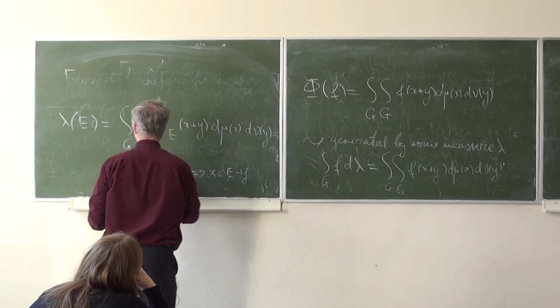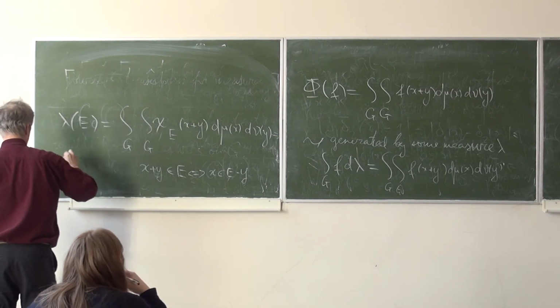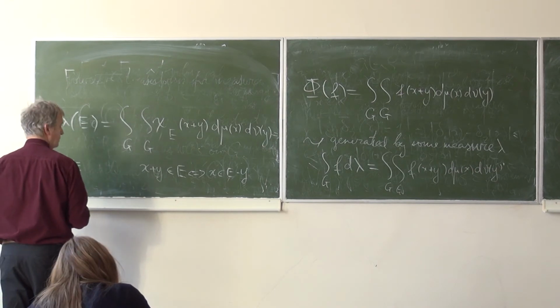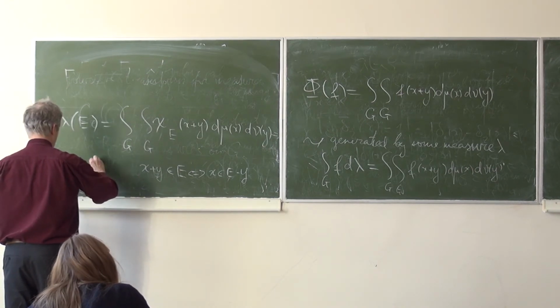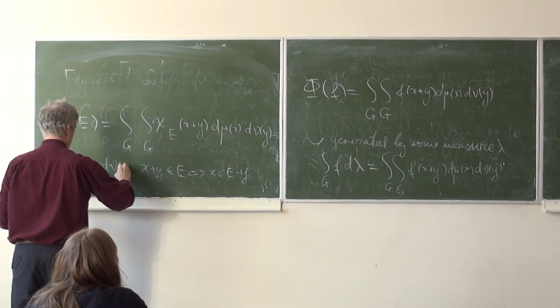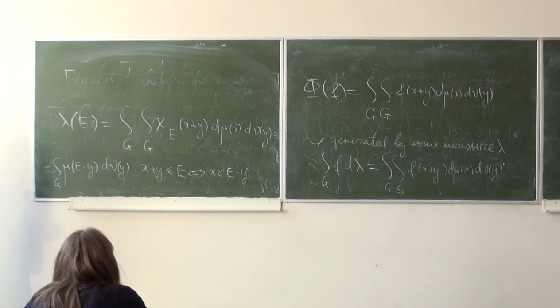So this is equal to the integral over G of the measure mu of E minus y. We may write it in this way.